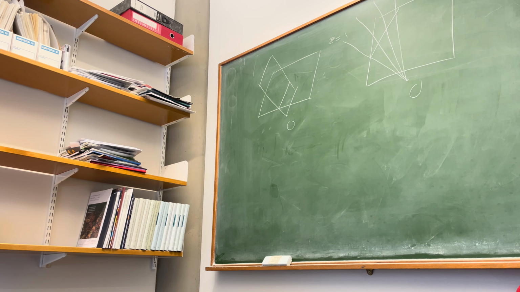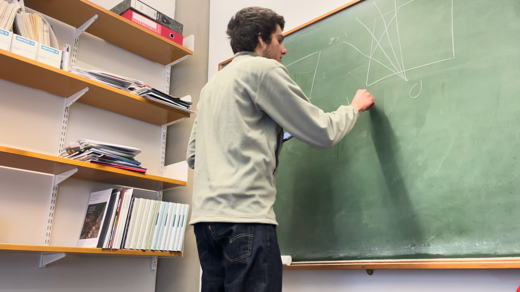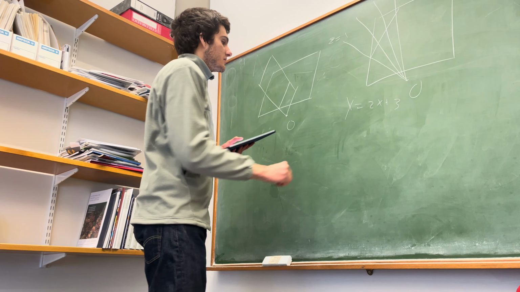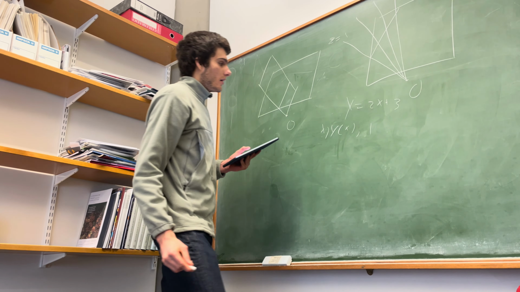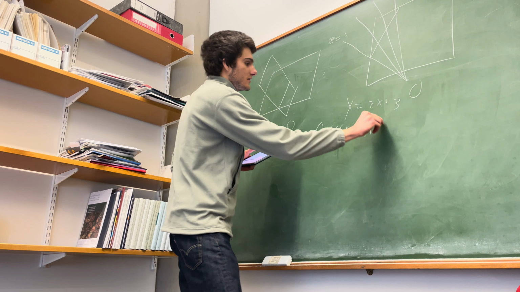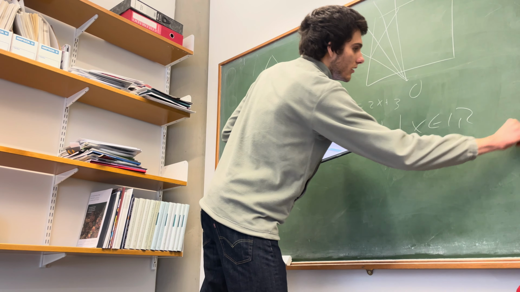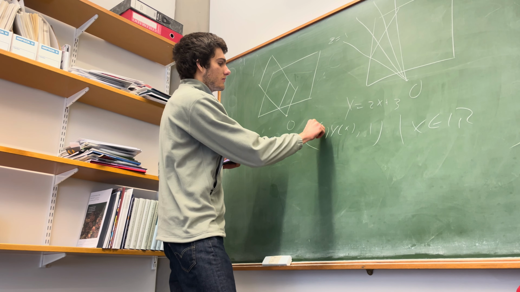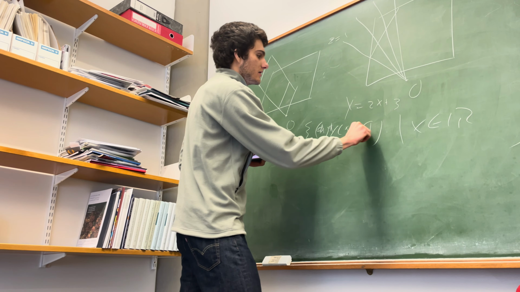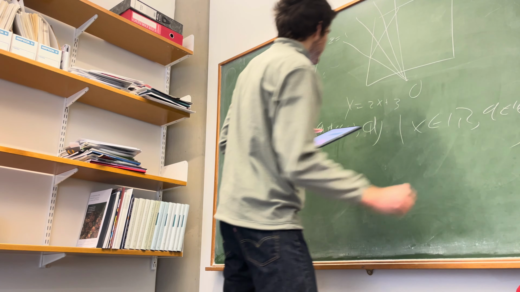So we started with the set (x, y(x), 1), where y is equal to 2x plus 3 and x is a real number. But then we want to consider all the lines going through these points. So I just scale them, for any a in the real numbers.